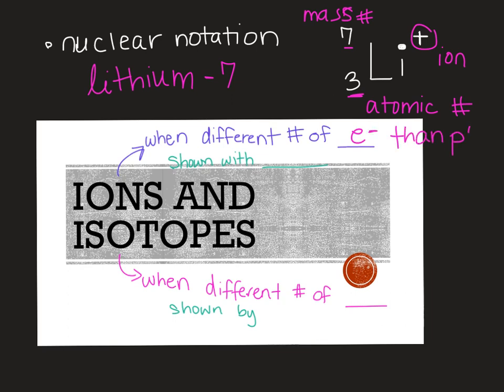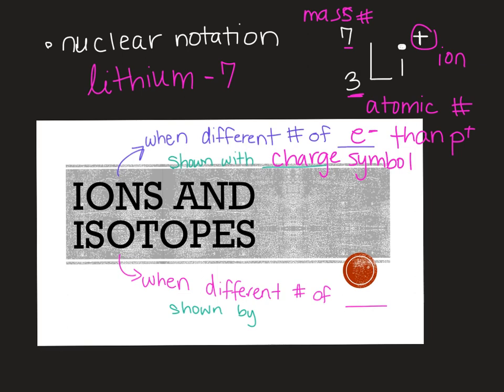Your electrons are your negatively charged subatomic particles. Your protons are positively charged. If you have an imbalance of those, then your element is an ion, okay? And it's going to be shown with a charge symbol, just like we saw above, that little positive sign.